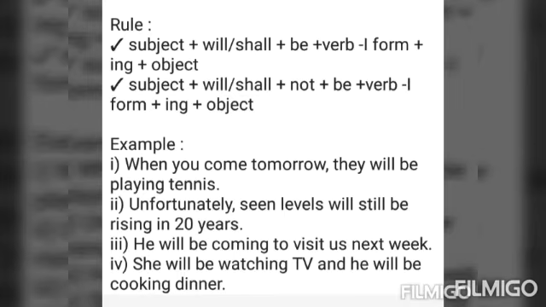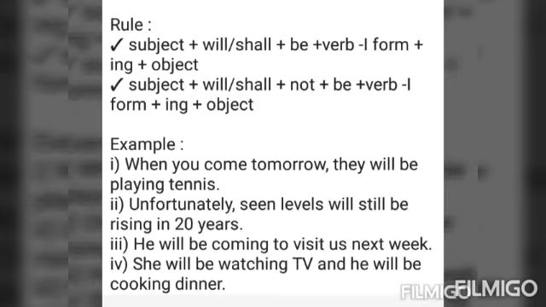You can observe will be and shall be is the helping verb in your future continuous tense. For I and we, first person, we will use shall be, and for second and third person, whether it is singular or plural, we will use will be. And verb first form plus ing will be the common one in all the sentences here.